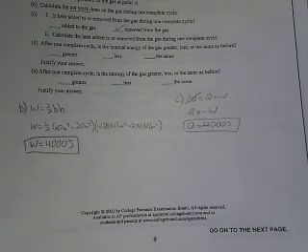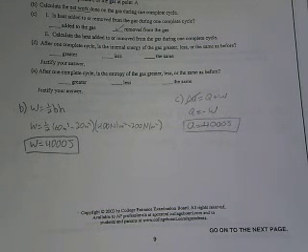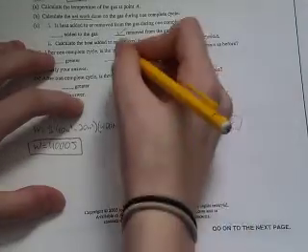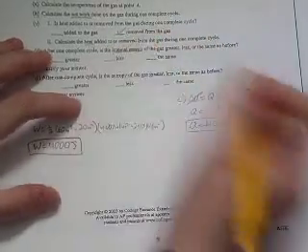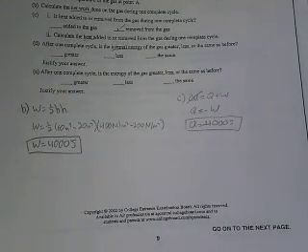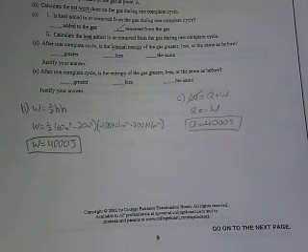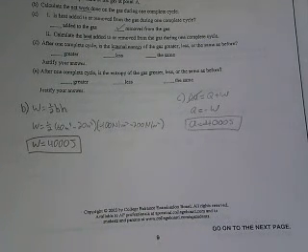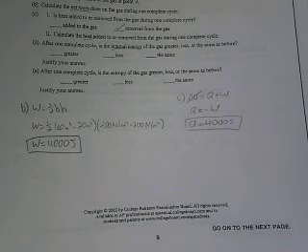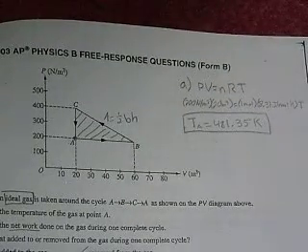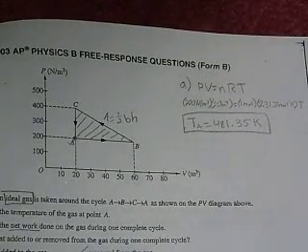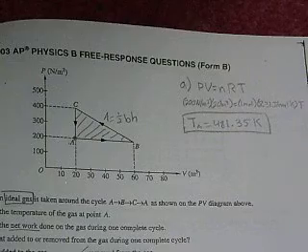Okay. Part D asks us, after one complete cycle, is the initial energy of the gas greater, less, or the same as before? So, we're thinking about the internal energy. It is cyclic. So since it's cyclic, there is no change in temperature.